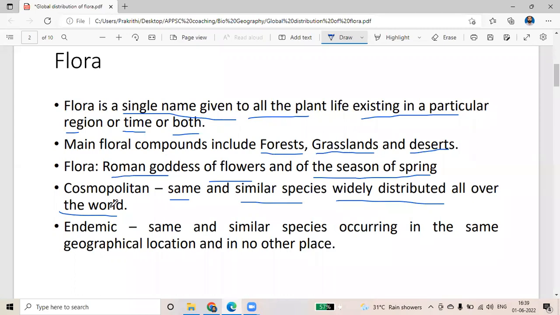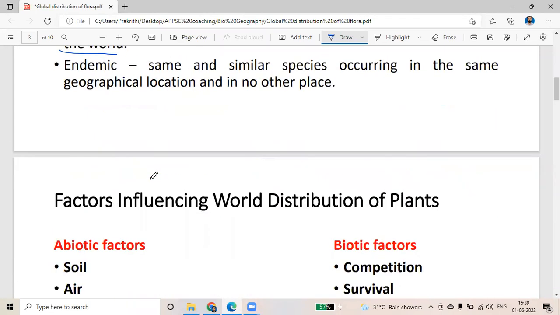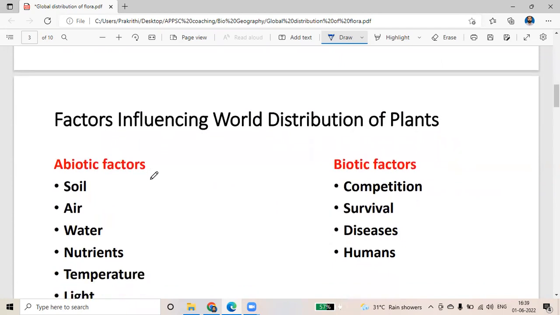So all this happens, and for these plants, the distribution, whether it is cosmopolitan or endemic, there are certain factors which influence this distribution.